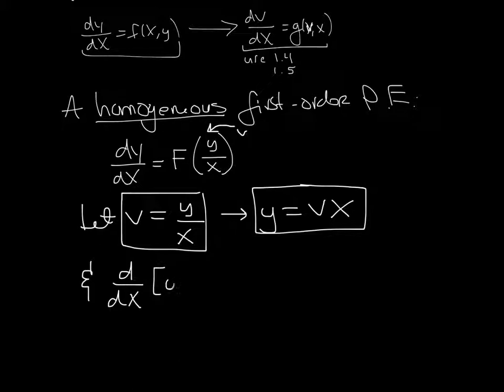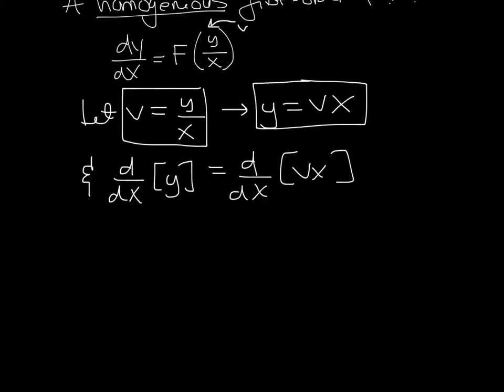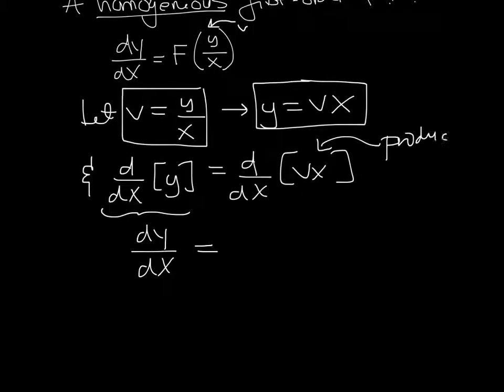So d/dx of y and d/dx of vx. d/dx of y is just dy/dx, which is our y prime. And then here we're just using the product rule to differentiate v times x, and you get v plus x v prime, or x times dv/dx.